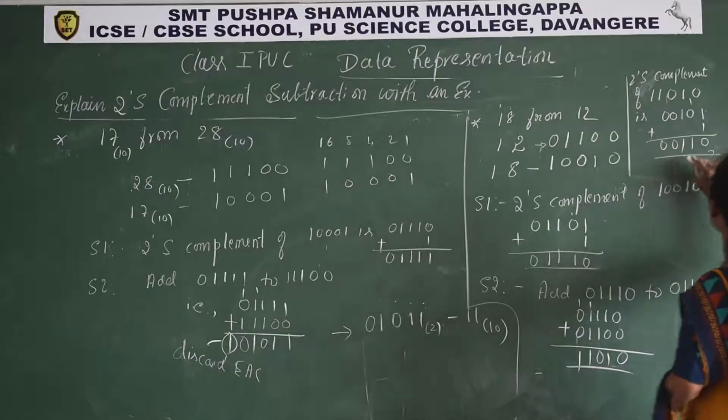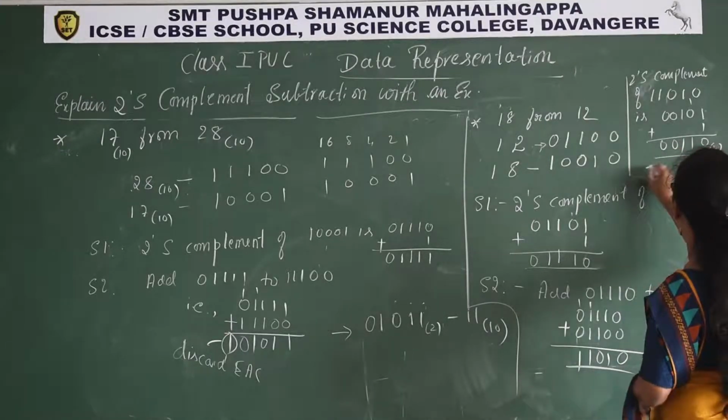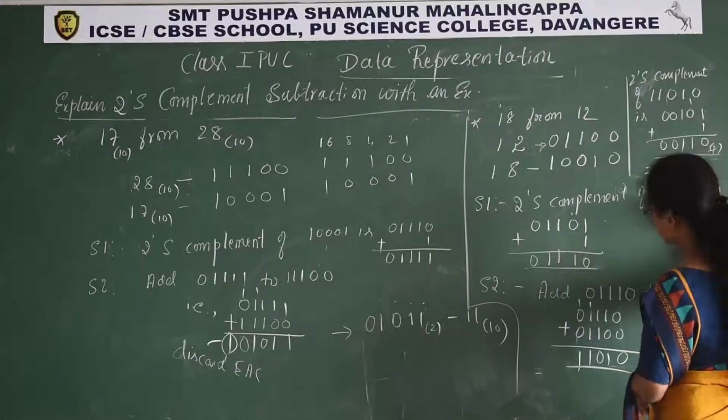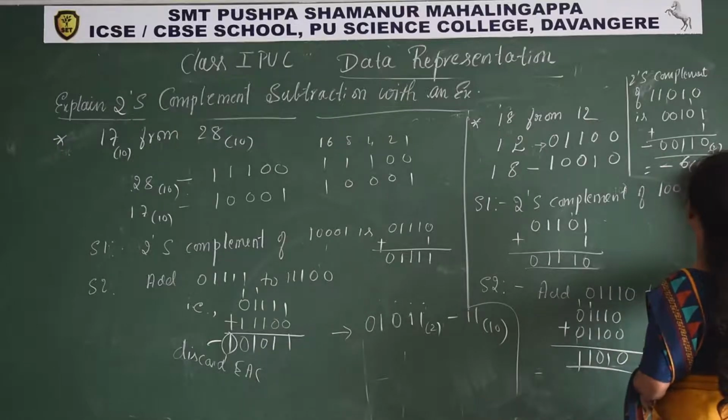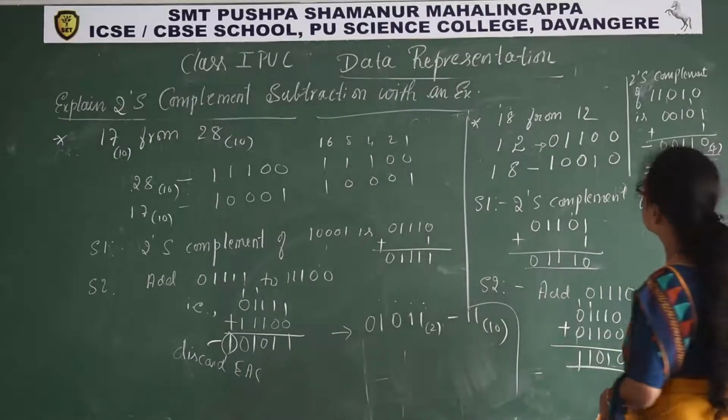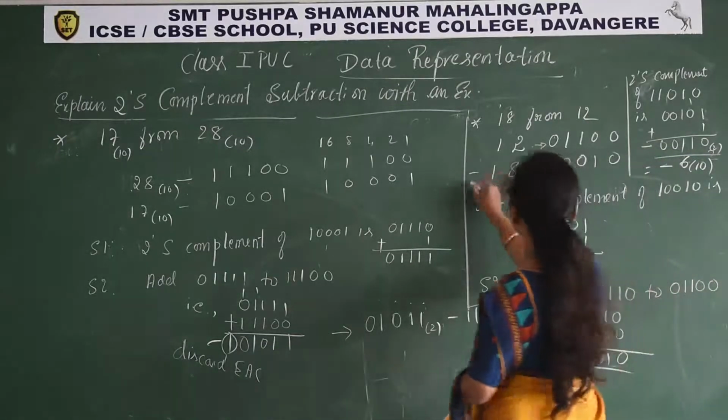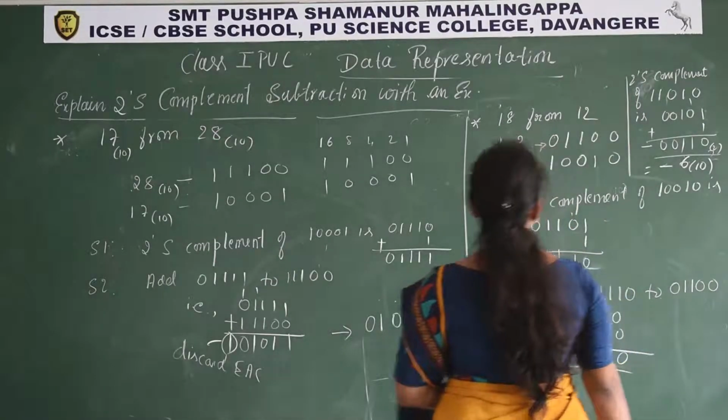So this is 6, equal to minus 6 base 10. So 12 minus 18 means minus 6.